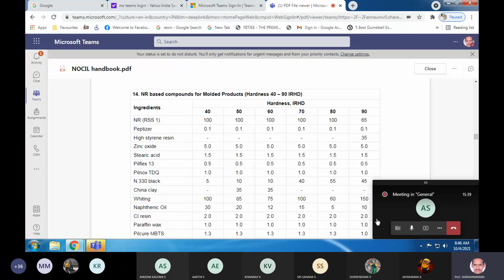So in place of 330, we may have 347. Make a note: 347, 339, 375. But the N remains. N describes the effect of this filler on the rate of cross-linking. That remains. The three-digit number describes overall the surface area and the structure.